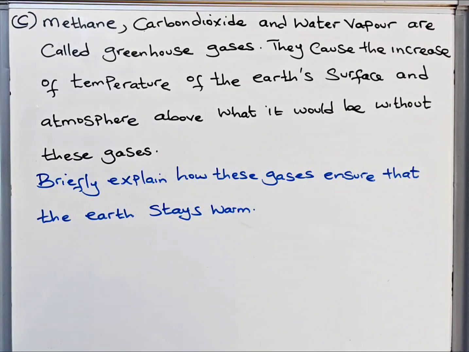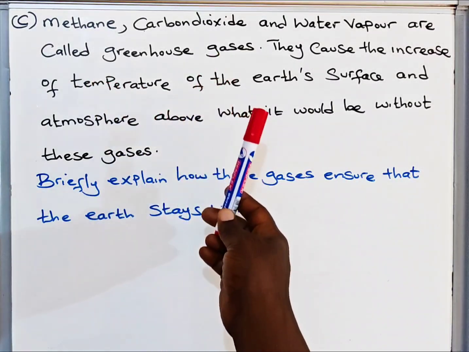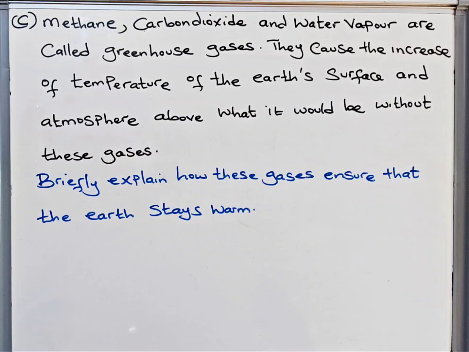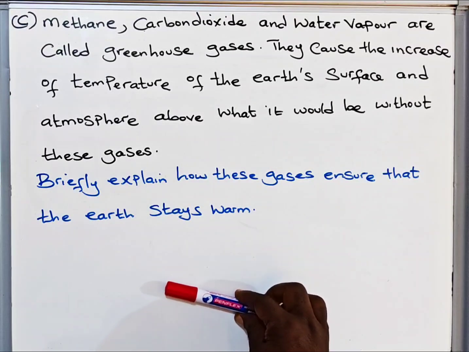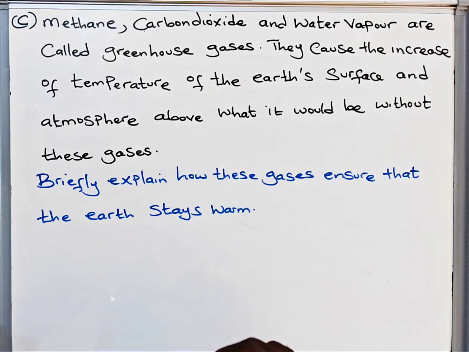What happens is that these gases, methane, carbon dioxide, and water vapor, allow UV rays to go through them. So when UV rays strike, the ground becomes warm. In response, the ground starts to emit infrared radiation.